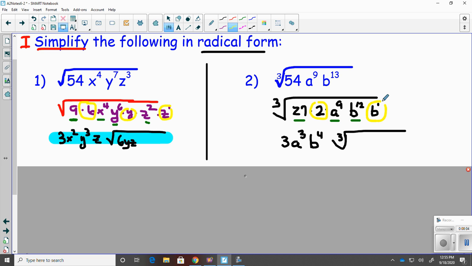These two pieces have to stay underneath the radical. So it would be the cube root of 2b. Okay, so this again is called the simplified radical form. That would be my entire answer.